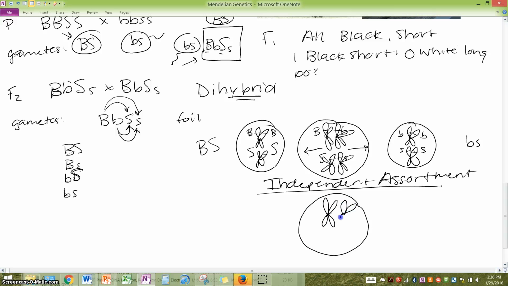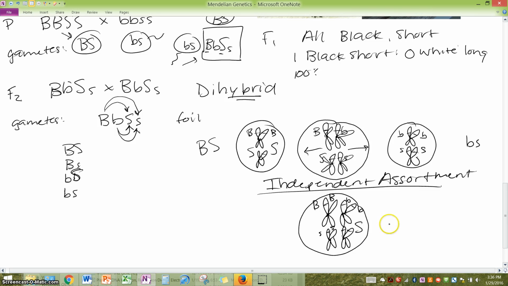I'm just going to have them replicated, to save myself a little time, so I could have a big B, little b, little b, and then maybe these two flip-flop. So this is going to be a little s, and this one's going to be a big S. Note how they're on different sides.